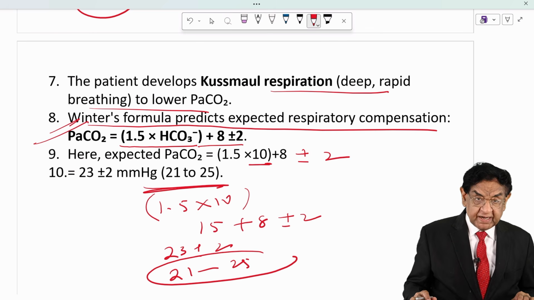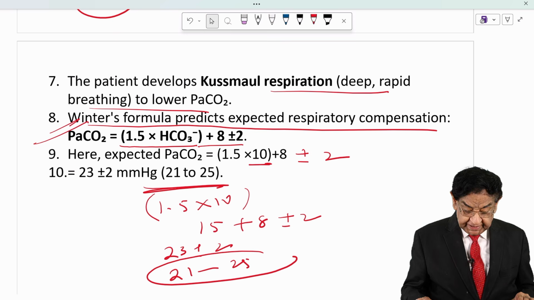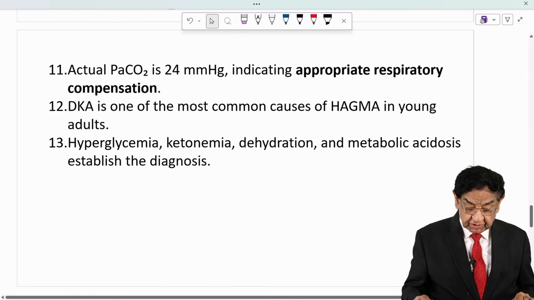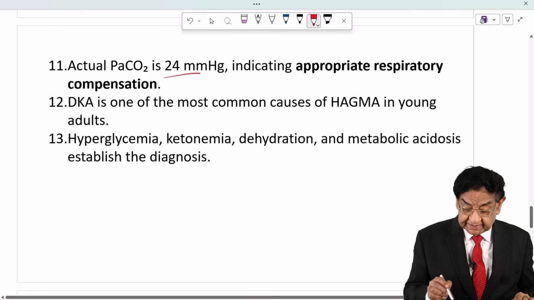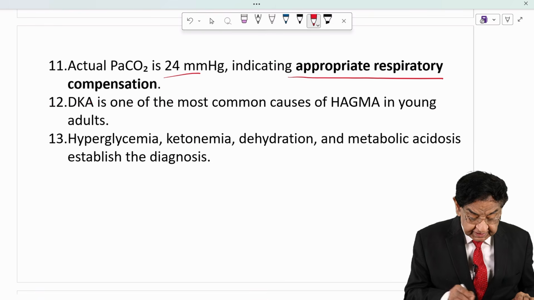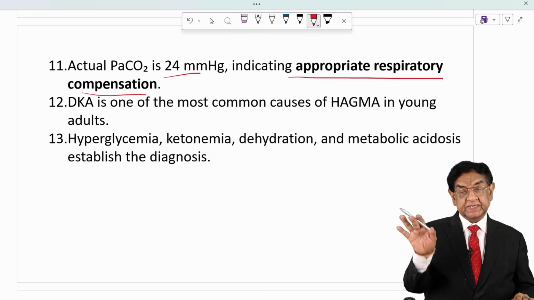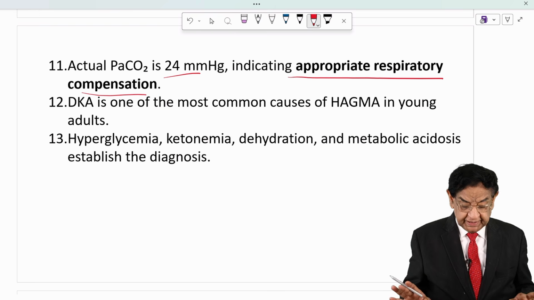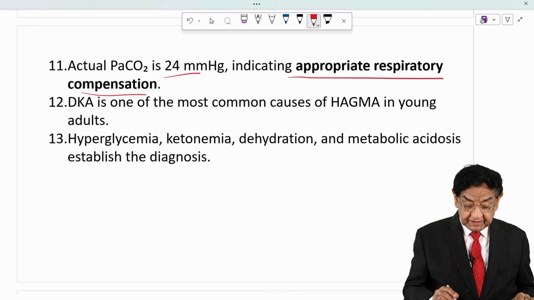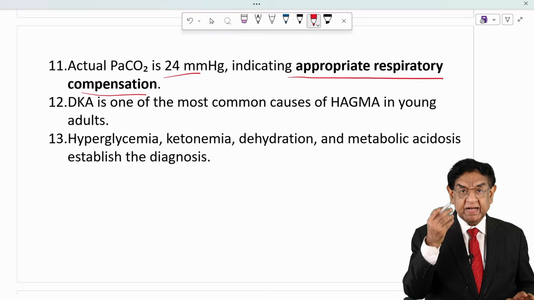Now in our case, the patient's PaCO2 is 24. So that indicates the patient has appropriate respiratory compensation, adequately. Now I have a question for you.